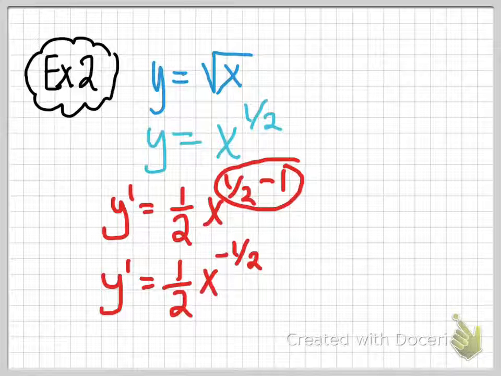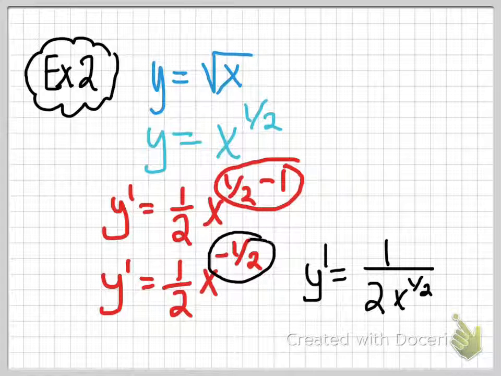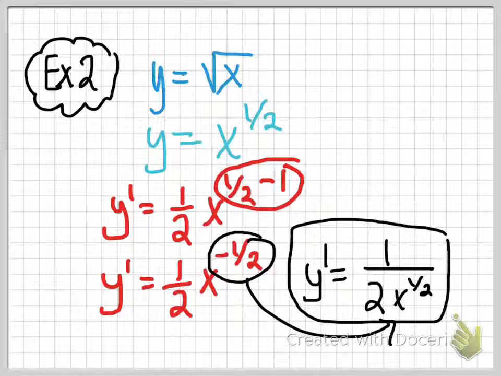What I'm going to do to fix it is I'm basically going to rewrite this as y prime equals, and I'm going to change it to 1 over 2 x to the 1/2 power. Moving this variable down turns it into a positive power. So essentially this is going to be your answer right here to this problem.